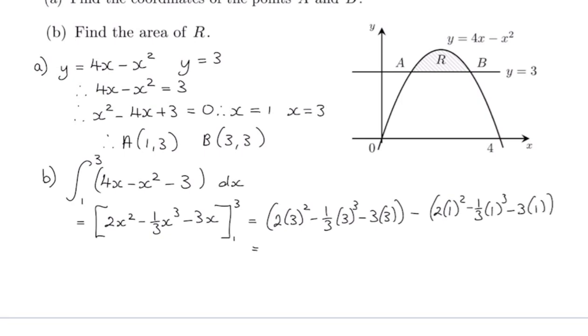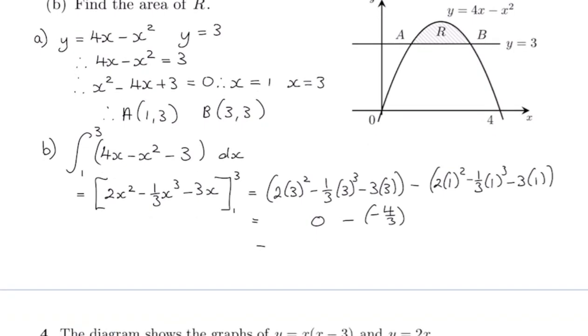So the examiner's notes will say student has substituted top limit and bottom limit. The top limit gives 0, minus, and it's negative 4 over 3. So our final answer is 4/3 square units.